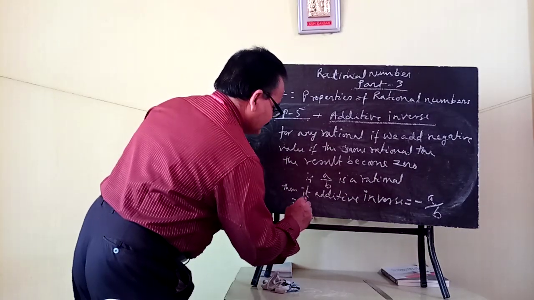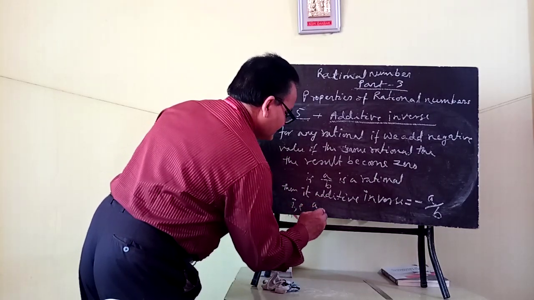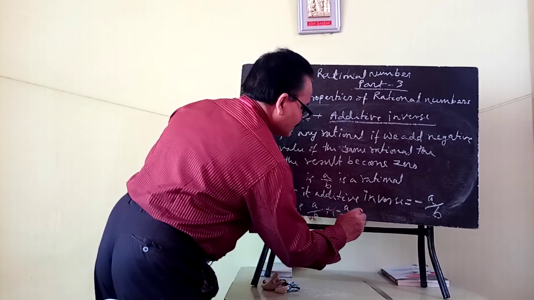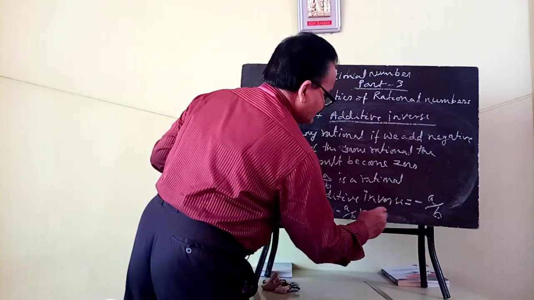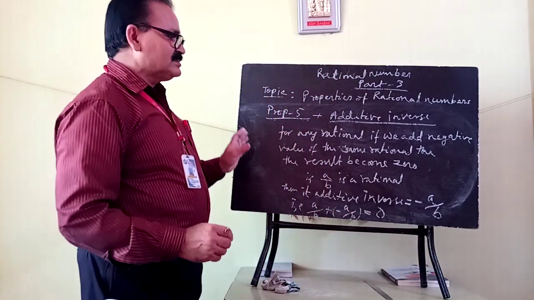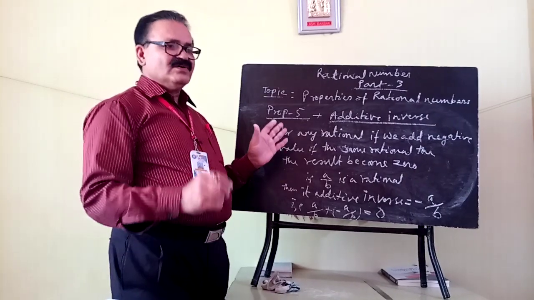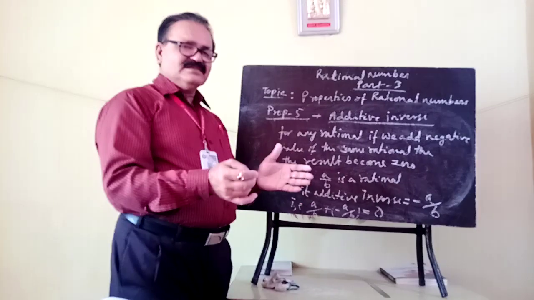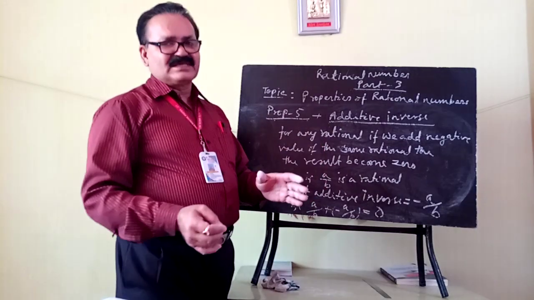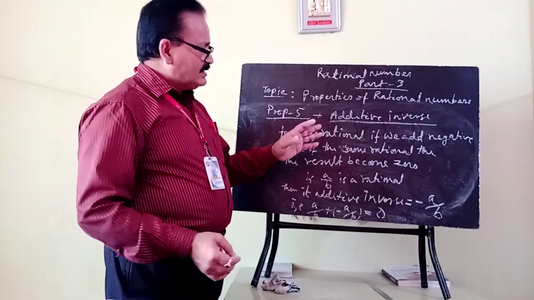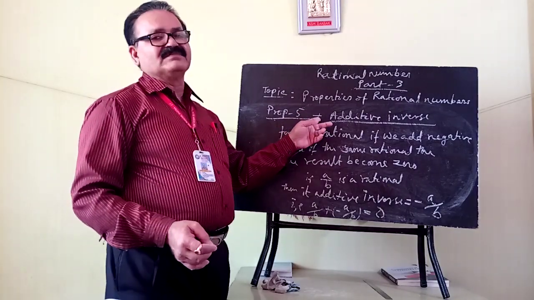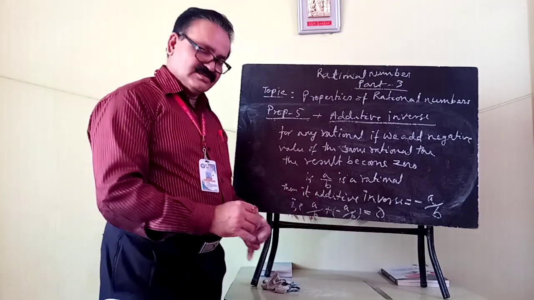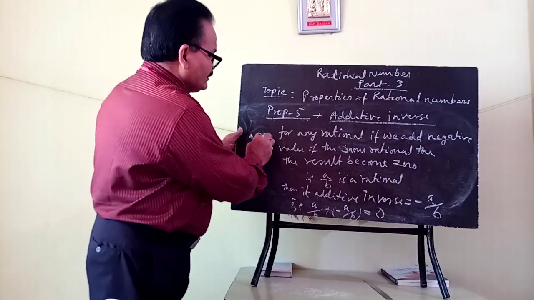So that is A by B plus minus A by B, the answer becomes 0. So it is clear to you. Whatever the rational number, if you add the negative value of the given rational, then that value becomes the additive inverse, to get the final result 0. It is clear?